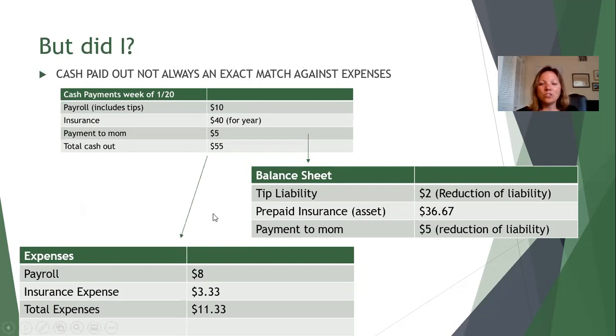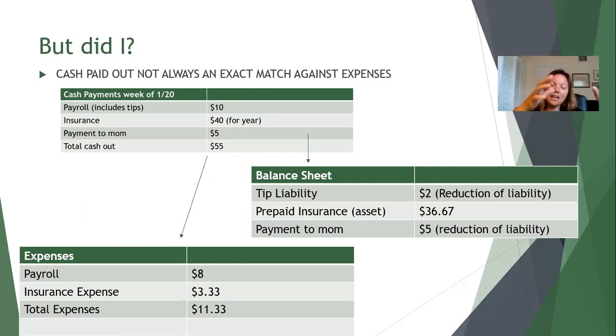In the accounting world, those are not an expense because you are taking in the cash for the tips and then you're paying it out to your employees. So it actually is never earned by you because it's not money to you, and it's not an expense to you because really you're just the middleman, right?